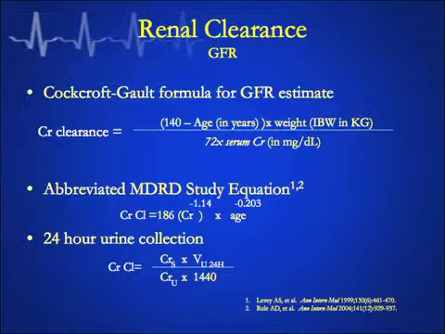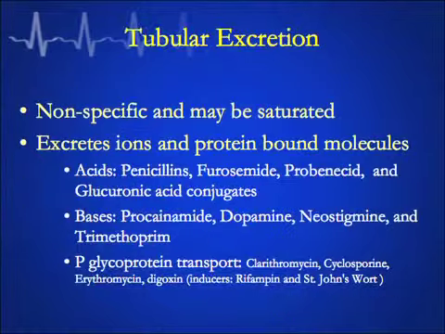Then, comparing with serum creatinine, you can calculate how much serum was basically cleared of creatinine in 24 hours. It's very easy. This 1440 is basically 60 multiplied by 24 hours.